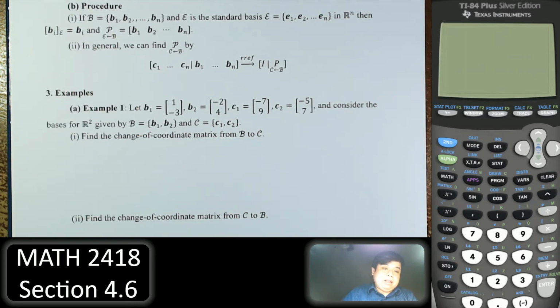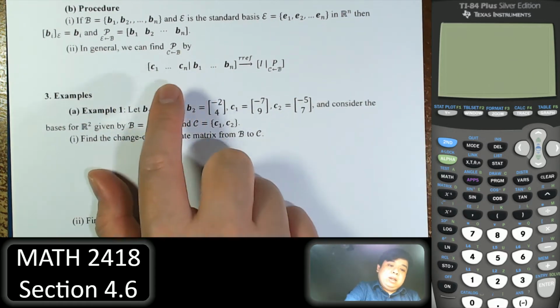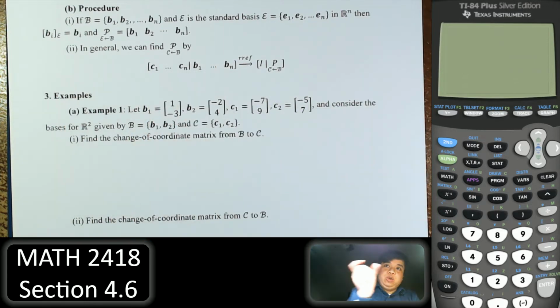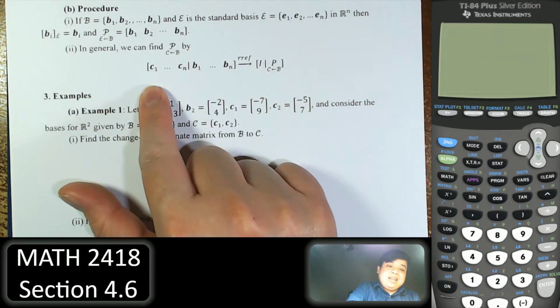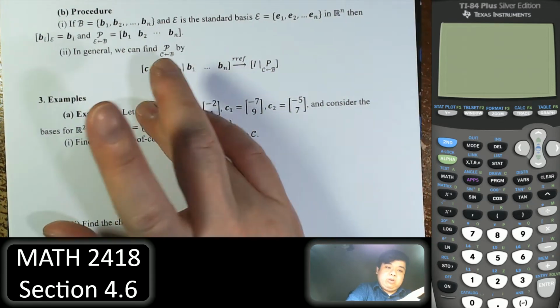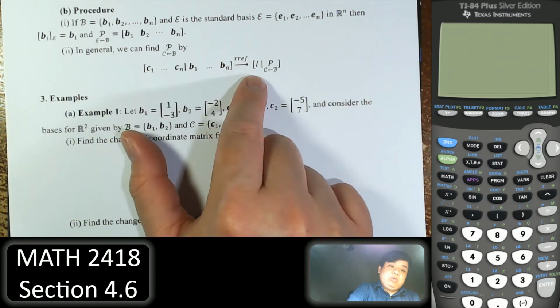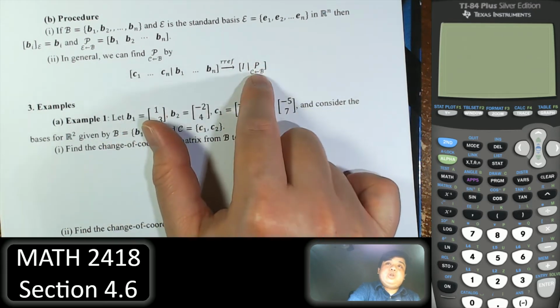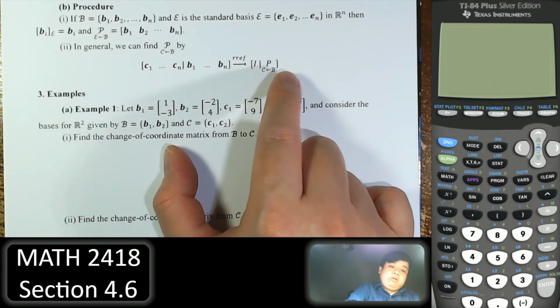If it is not the standard basis, we put C and then B. Remember, we go from B to C, so B on the right, C on the left, and we go from right to left. And when we do the reduced row echelon form, the left hand side turns into the identity, and the right hand side will turn into the change of coordinate matrix from B to C.